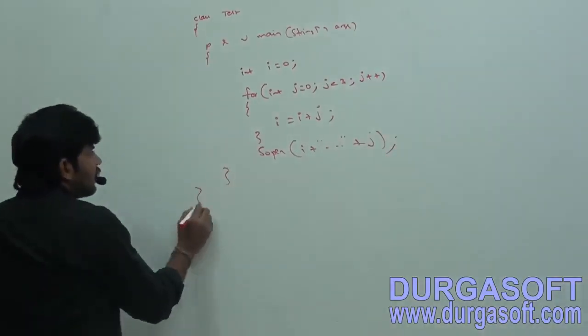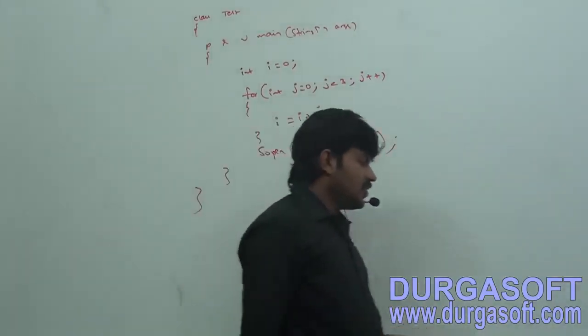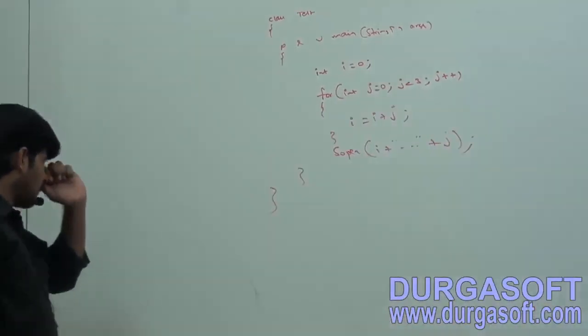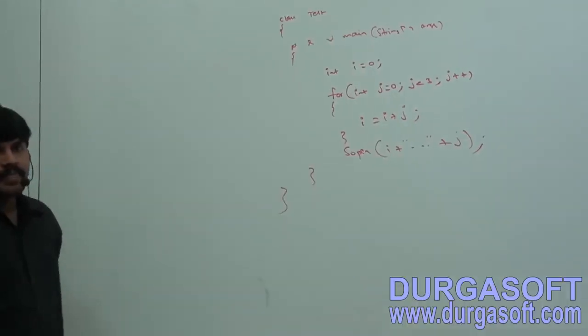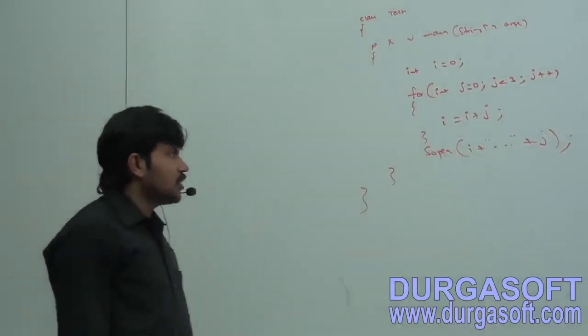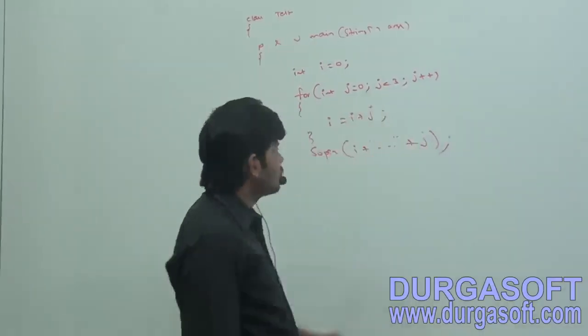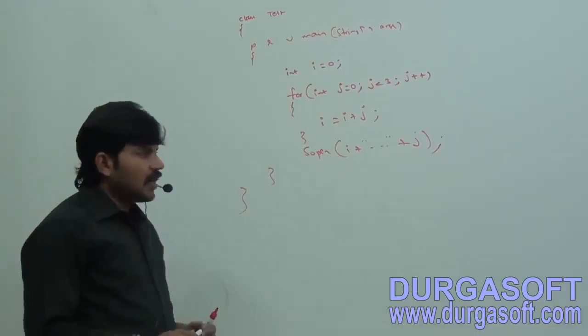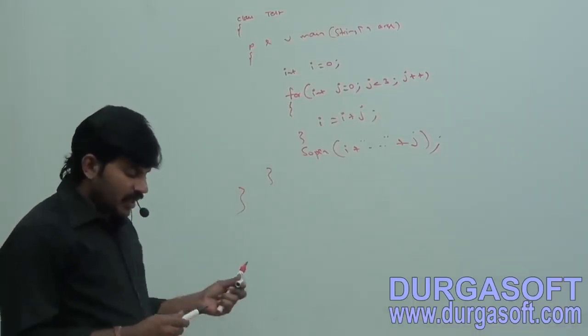Sir, can you tell what is the i value and what is the j value? Int i is equal to 0. For int j is equal to 0, j is less than 3, j plus plus. i is equal to i plus j, SOP of i dot j. What is the i value?